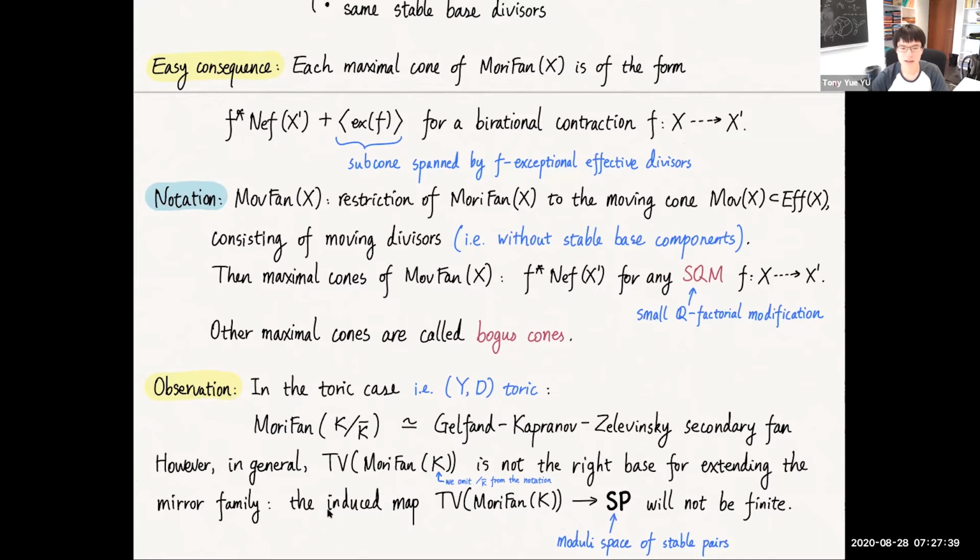Because if we do it like this, then the induced map from the toric variety associated to the Mori fan to the moduli space of stable pairs SP will not be a finite map.